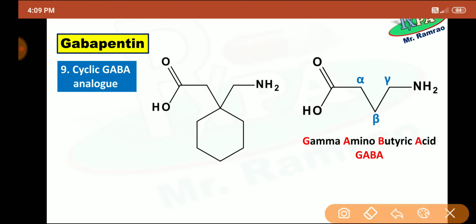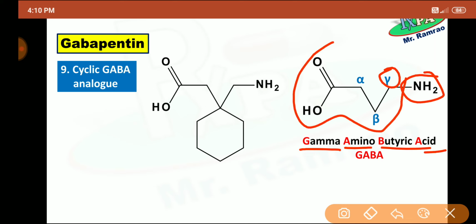On the gamma carbon you can see one amino functionality is present, therefore the name of this molecule is gamma amino butyric acid. Why butyric acid? Because it is a 4 carbon containing carboxylic acid. And on the gamma position an amino group is present, therefore gamma amino butyric acid, and the short form is GABA.